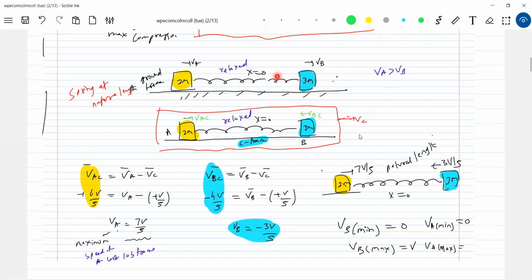From relaxed, it will get elongated, to maximum elongation, then relaxed. In that particular process, what happens? Somewhere the velocity of block B, if it is negative, means somewhere it should have been 0, no? It is moving somewhere towards the left here. So therefore, what is the minimum velocity of B? It will be 0. The minimum velocity of A also will be 0. If this were positive, I would not have touched this particular thing.